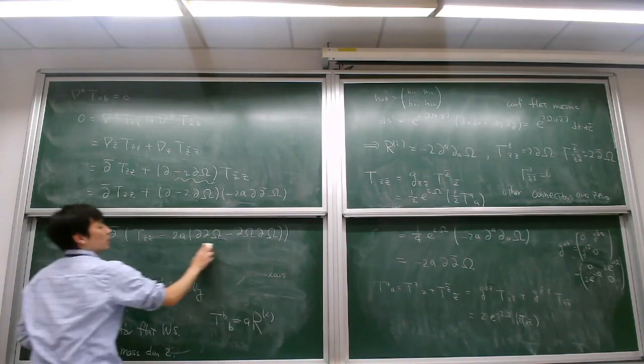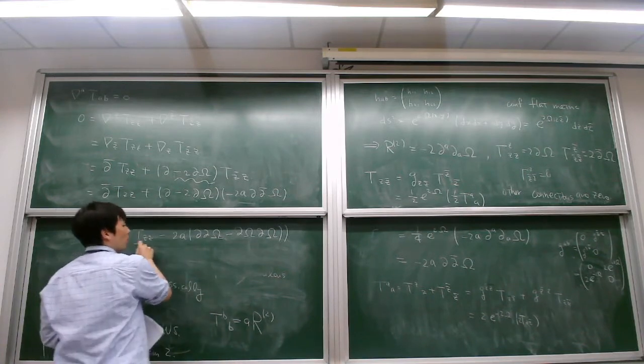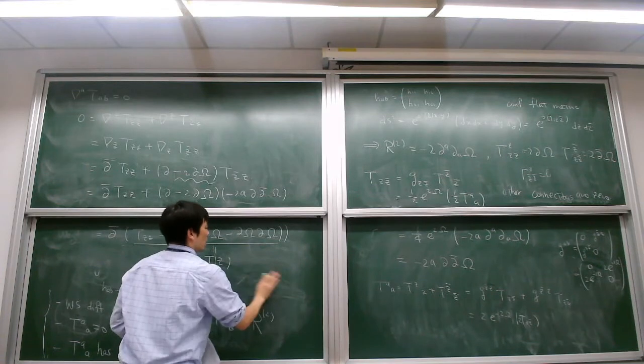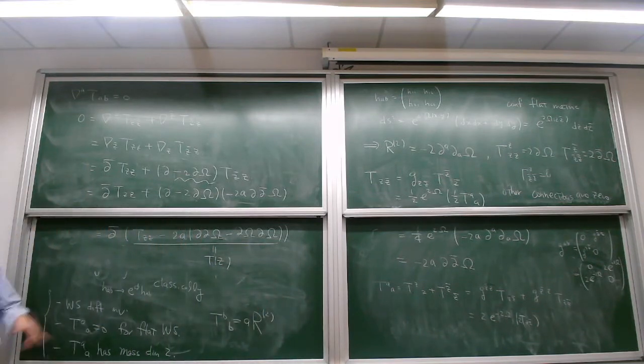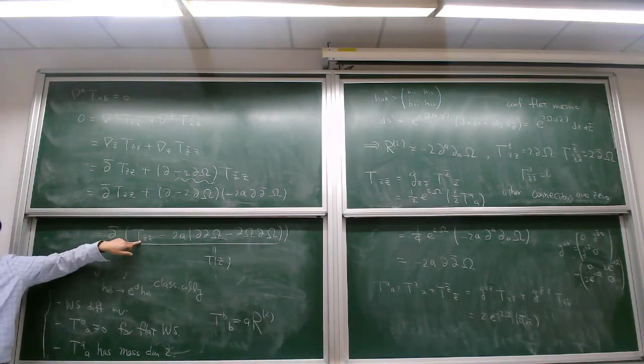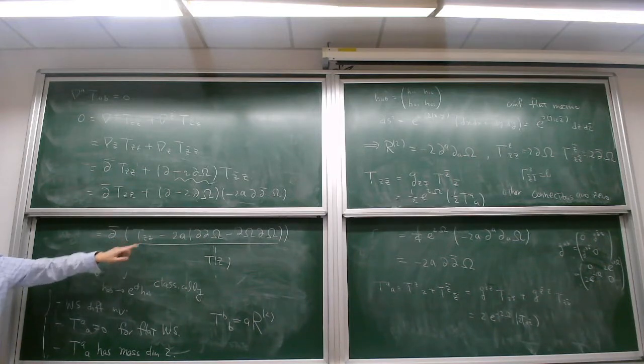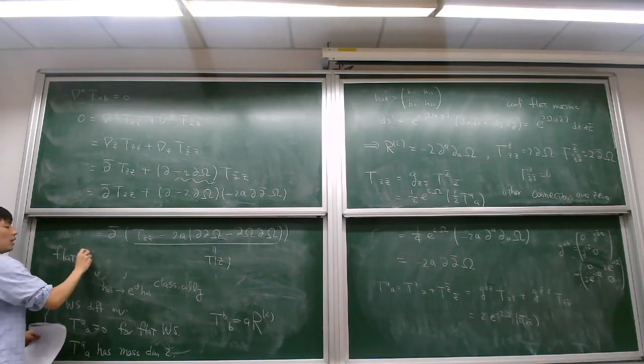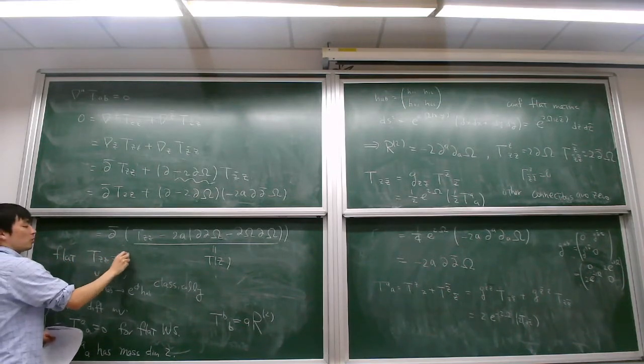Therefore, this quantity has to be holomorphic. So in flat space, T_ZZ is holomorphic, as we saw in the free theory. In flat space, T_ZZ we just replace like this.